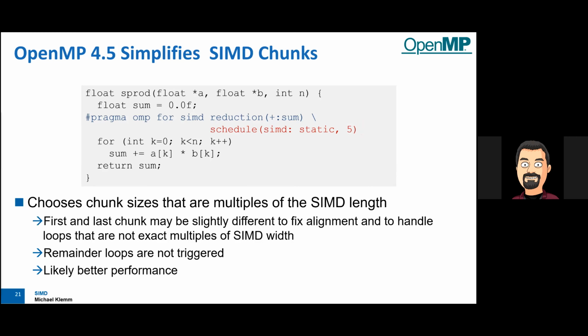So for AVX2 and SSE, the 5 will turn into an 8, so that 2 vector registers fit a chunk size of 8 in SSE, or a single vector register fits that chunk size. And then you effectively avoid the peel loops and the remainder loops and get slightly better performance.